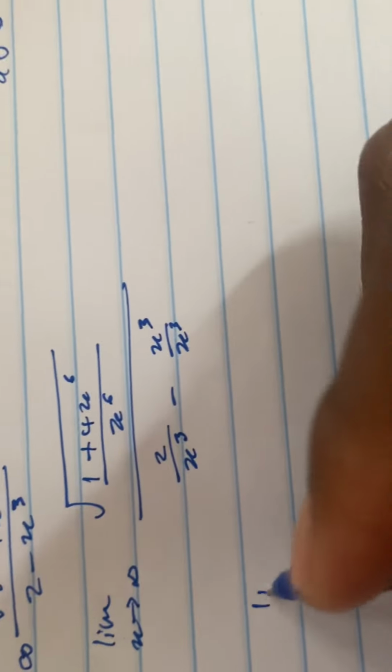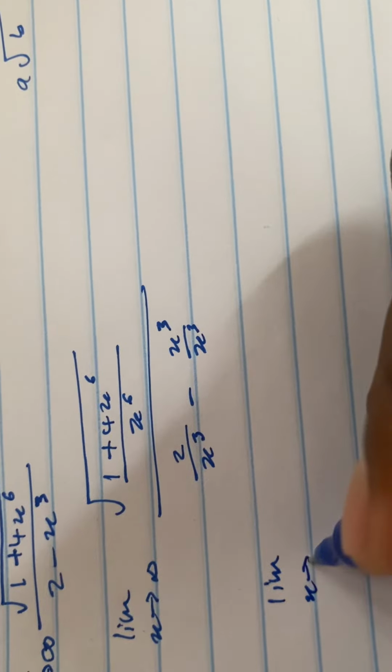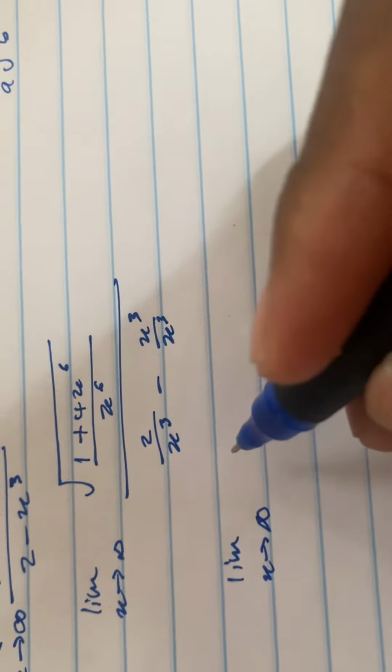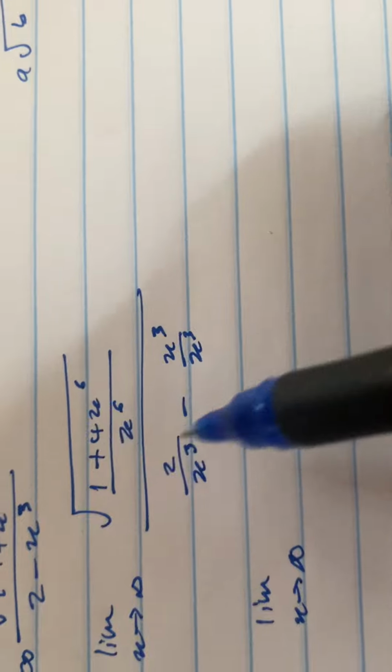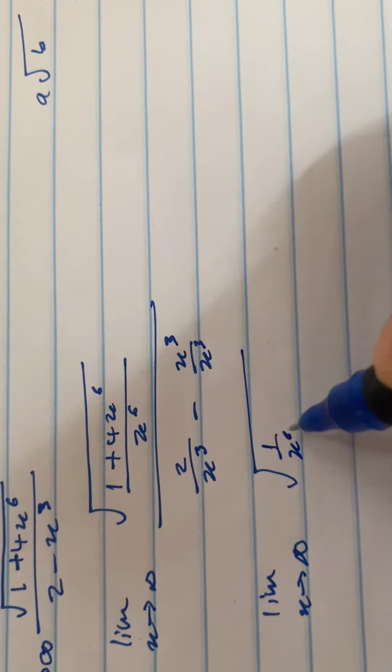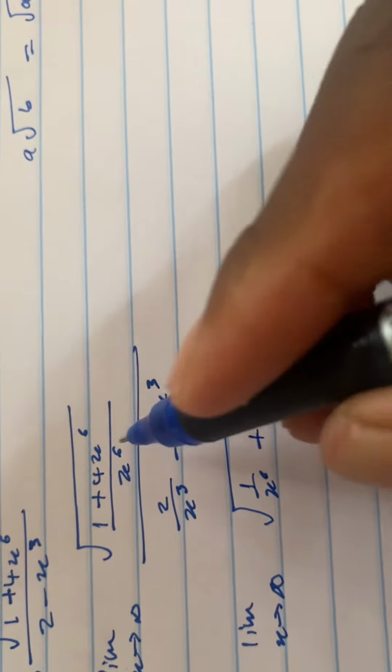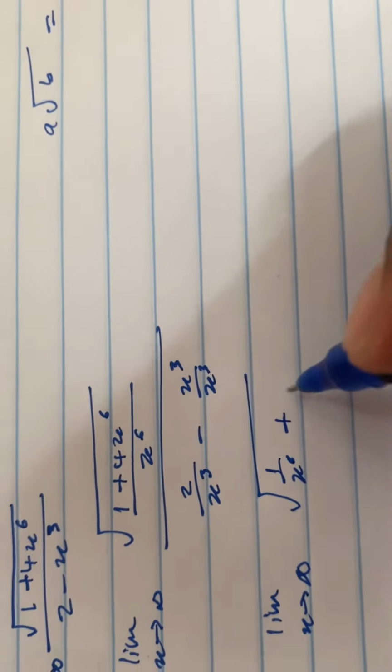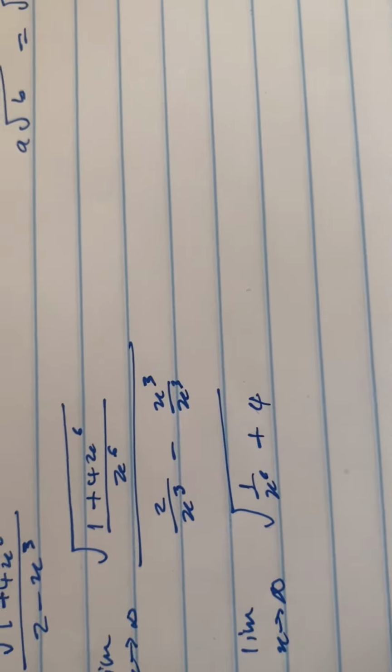Okay, and then we have the limit as x approaches infinity of this whole thing here. So you will have the square root of 1 over x to the power of 6 plus 4 to the power of 6, and then that one will just cancel out. You have 4, and the square root of 4 is just 2.